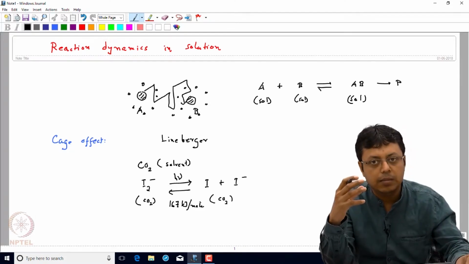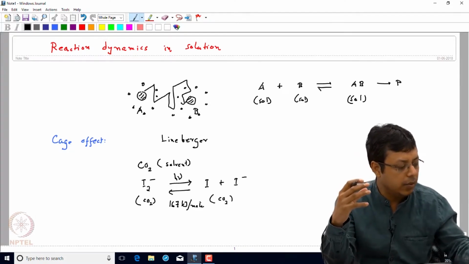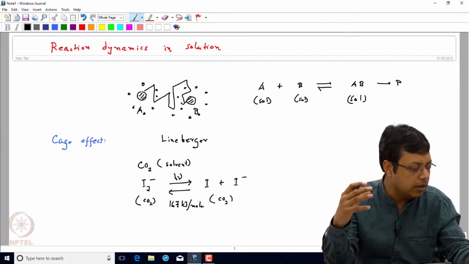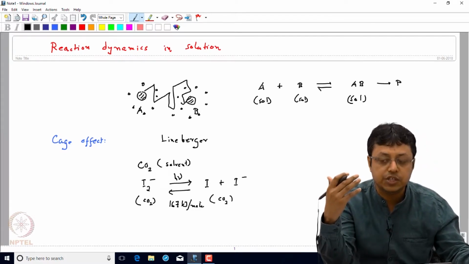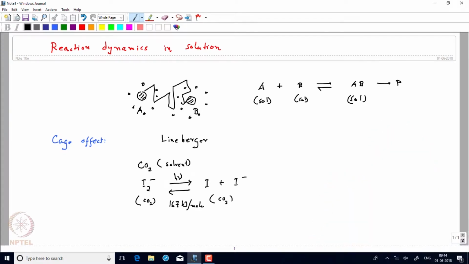So what Lineberger and co-workers did is look at the fraction of molecules which are caged, and when they plotted this fraction, here I am plotting the fraction of caged species.